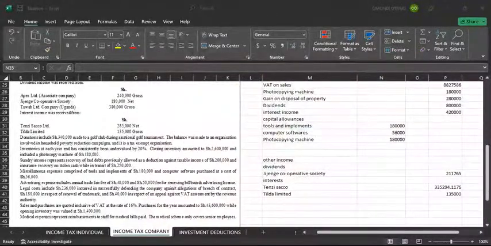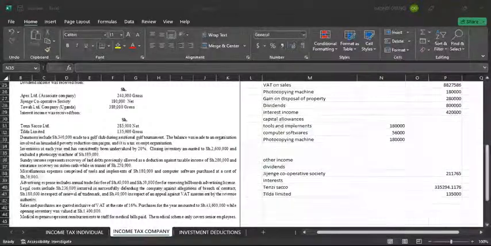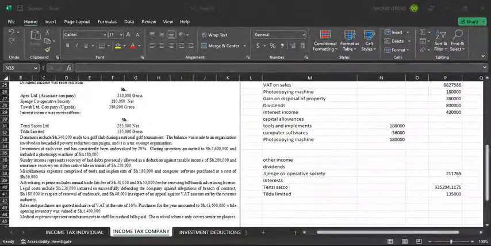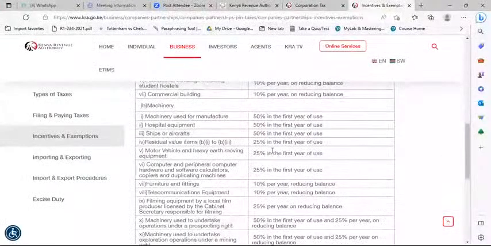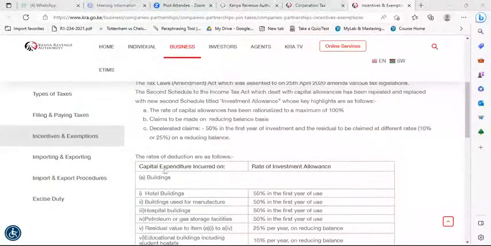So I believe you are able to check using the link which we shared yesterday. But I can still show you that scale here. So that's what we have. Let's look at this scale. So we have rates of deductions are as follows.